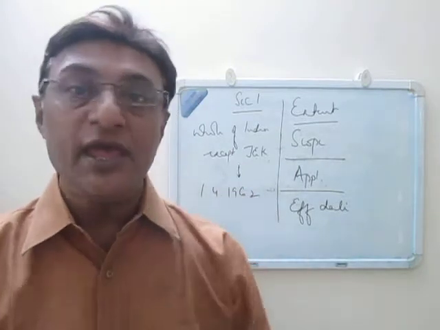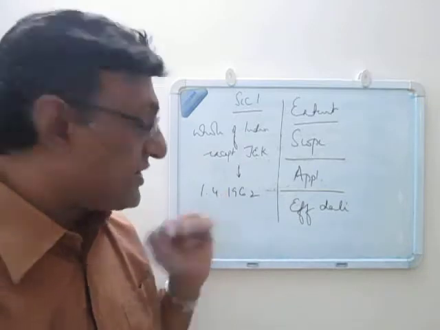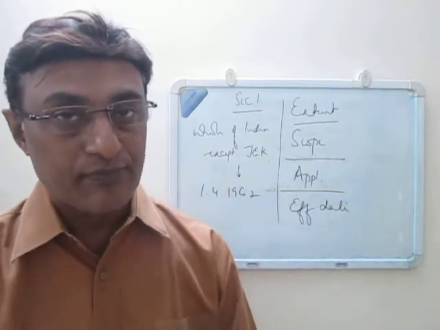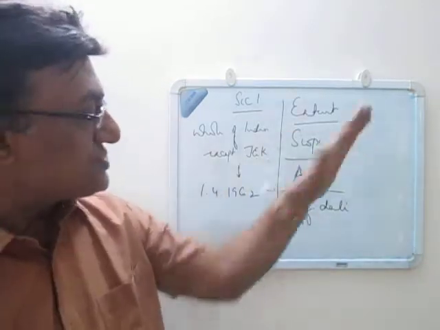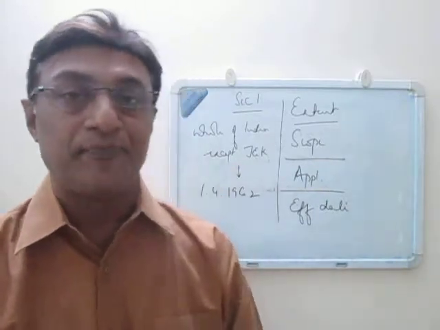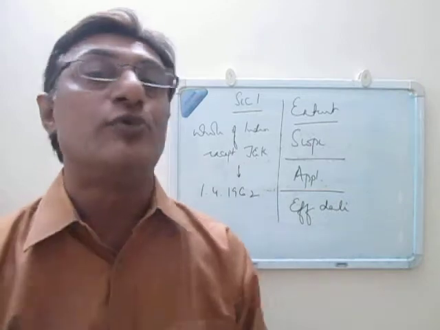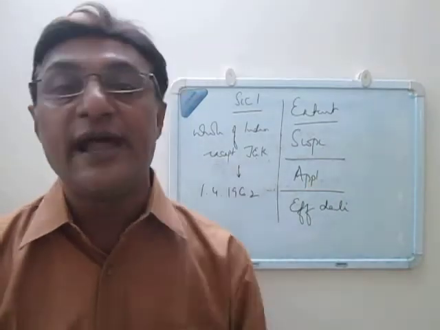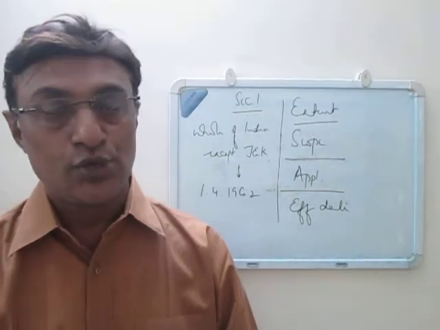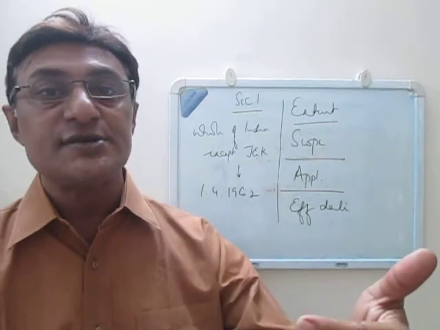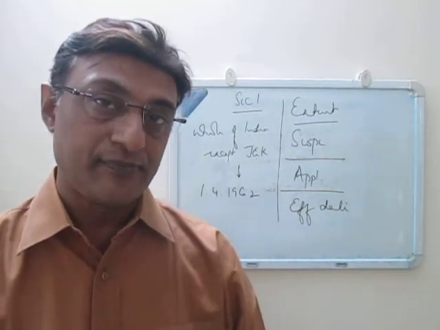So to make a beginning, we made the beginning on the first day of April 1962. So the Income Tax Act extends to the whole of India except the state of J&K and shall be deemed to have come into force on 1st of April 1962. 12 years post-independence.